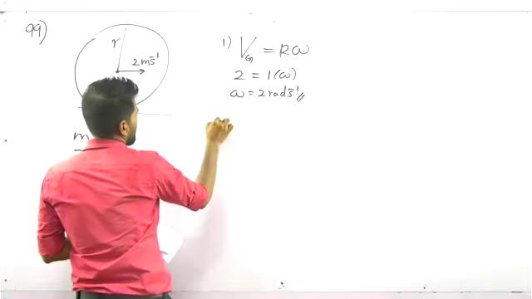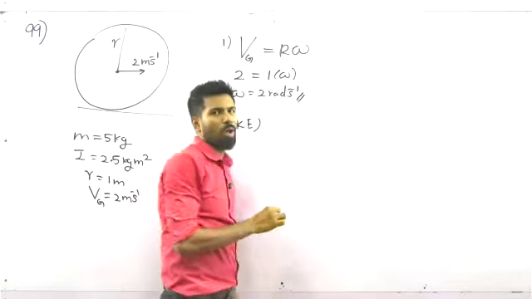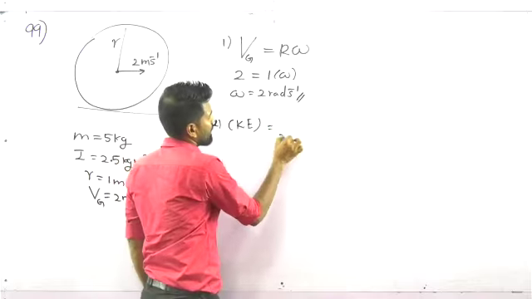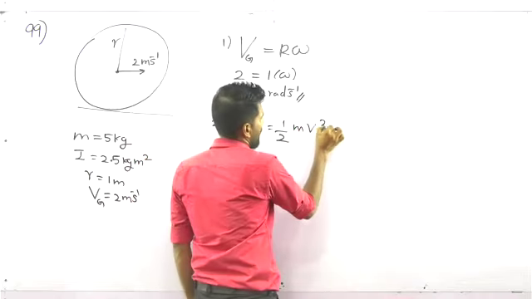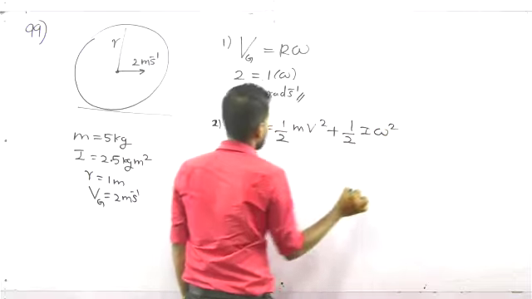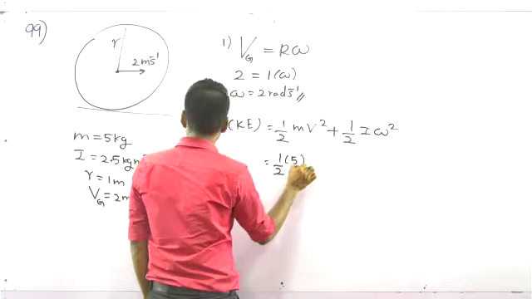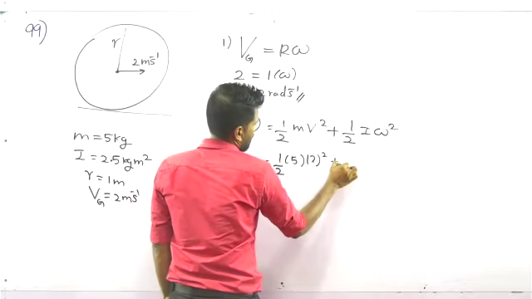Then the total kinetic energy. In a rolling motion, the object moves from one place to another, having a linear kinetic energy half mv square and a rotational kinetic energy half I omega square. Half mass is 5, velocity 2 square.